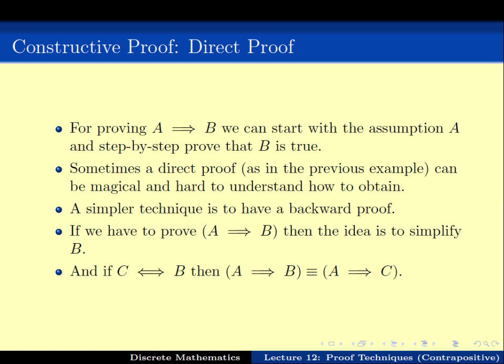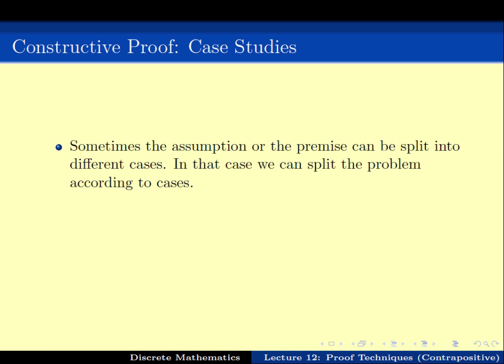Another constructive proof technique that we saw was what we call case studies. In the case studies, the idea is that you can sometimes split the assumptions into cases. Namely, if you can write A as C or D, then A implies B is same as proving C implies B and D implies B. One can split the problems into smaller parts.